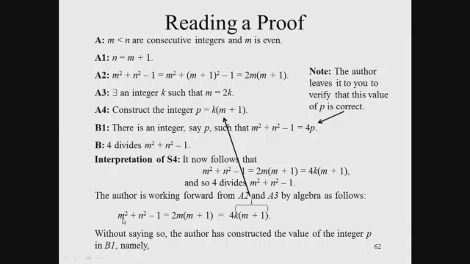And that's essentially what the author has done here. But what we really need to do is put in this value of p right here and show that m squared plus n squared minus 1 is equal to 4p. The author just leaves that for you to check. And that, my friends, is an explanation of this proof in the context of proof techniques.